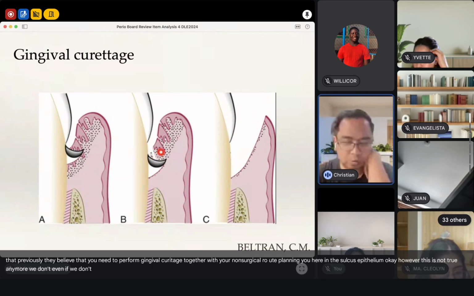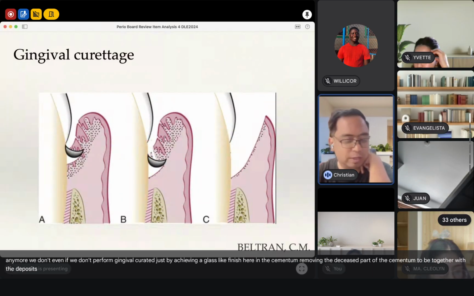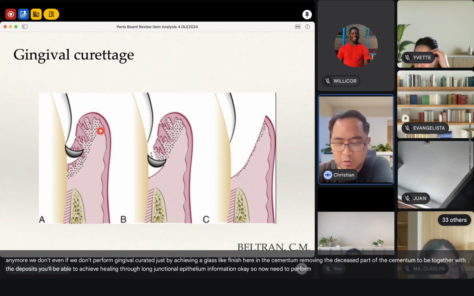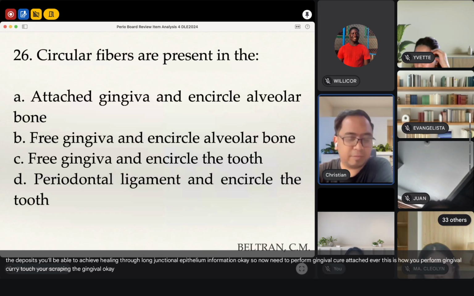If we don't perform gingival curettage, just by achieving a glass-like finish here in the cementum, removing the diseased part of the cementum together with the deposits, you'll be able to achieve healing through long junctional epithelium formation. Okay, so no need to perform gingival curettage. However, this is how you perform gingival curettage. You're scraping the gingiva. Okay.